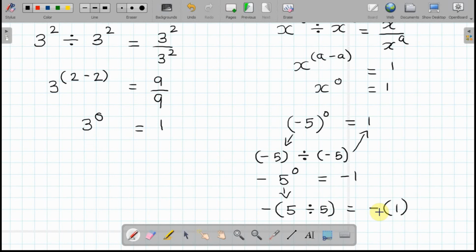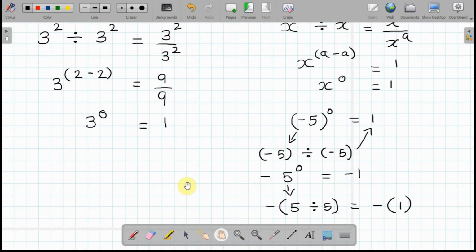Okay, so if you are writing a negative number to the power 0, make sure you place it in brackets. So remember, anything to the power 0 is that number divided by itself, and 0 cannot be put to the power 0 because 0 cannot be divided by itself. Dividing by 0 is undefined, so it's not defined. Let's leave it at that.